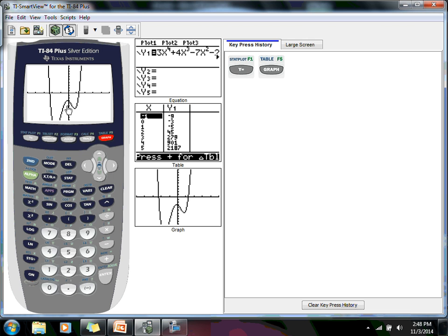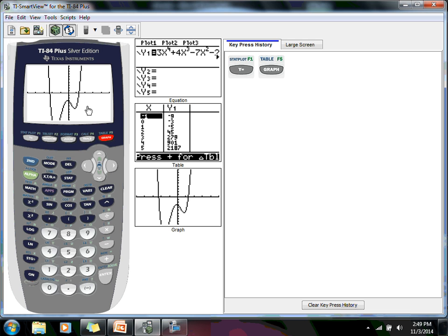Okay, so now that I have it zoomed in from like -5 to +5, you can see that the x-intercept looks like it's going to be between -2 and -3 and between 1 and 2, which is different than the incorrect graph that I had up there just a moment ago. So this is the correct one now.